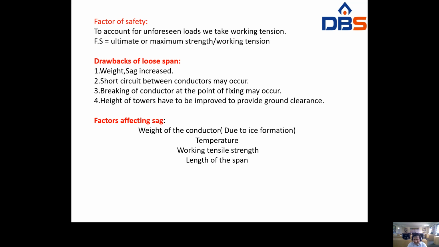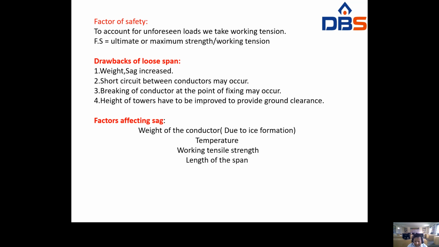So what is the main drawback of a loose span? The conductor between two supports has more dip. Permissible dip is no problem. But with more dip, what is the problem? The sag increases, because sag is equal to omega L square by 8T.